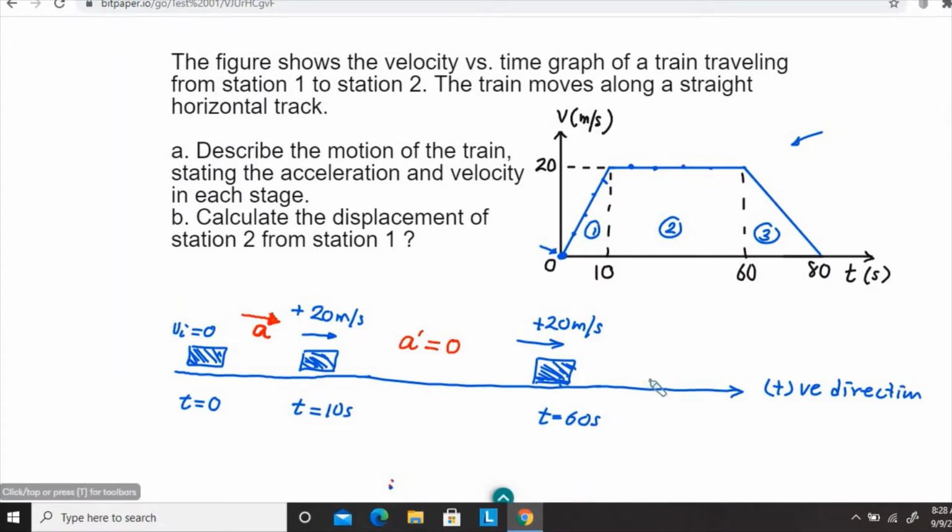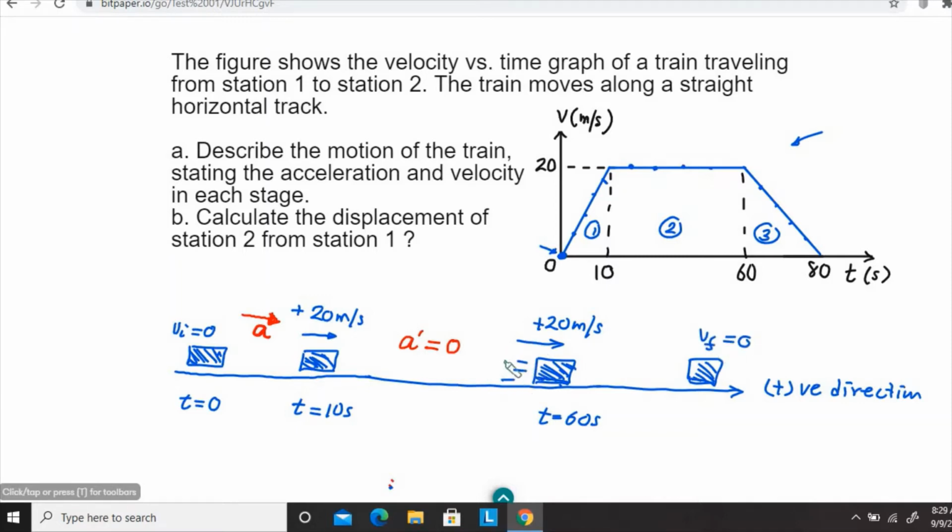Now let's look at stage 3. At 60 seconds, it's plus 20 meters per second. But look what happens as time increases beyond the 60-second mark. The velocity is now decreasing in the positive direction. And at the 80-second mark, the object comes to a rest or it stops. So I'll call it V final is equal to 0.